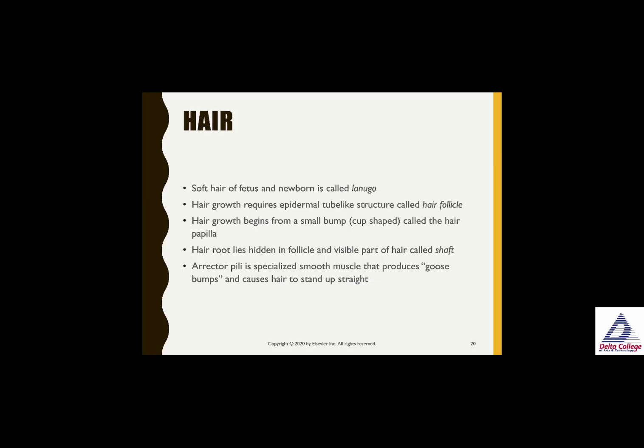Hair growth begins from a small bump, a cup-shaped area called the hair papilla, and that's important to remember. So that's where the growth begins. The hair root lies hidden in the follicle, and the visible part of the hair is called the shaft. Then we have little tiny erector pili, specialized smooth muscle that produces goosebumps and causes hair to stand up straight.